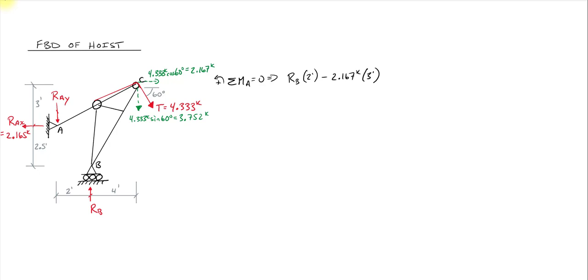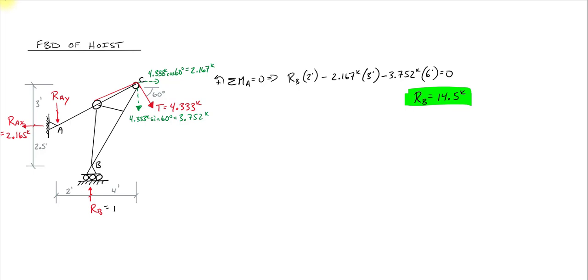And then I've got the 3.752 kips, and that's going to be acting at a distance of 2 feet plus 4 feet, or 6 feet from A, and that's also causing a clockwise moment, so it will also be negative. Let's see, that's everything, so we can say equal to 0. So that gives me R sub B is equal to 14.5 kips. That is another one of our answers.